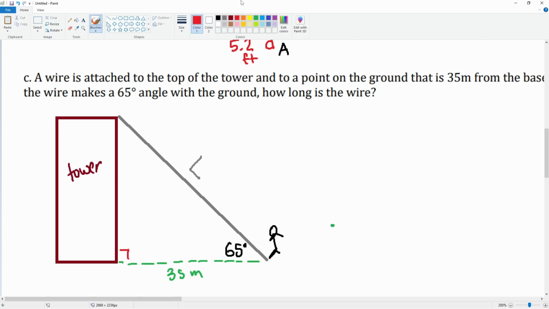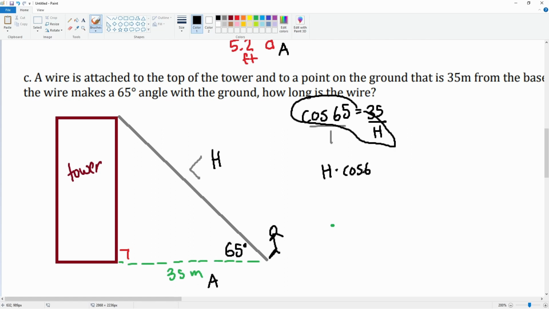Because this is the right triangle that forms. Okay, here's our picture. This is your adjacent, your 65, and then this is your hypotenuse. So that is cosine. Cosine of 65 is equal to your adjacent over hypotenuse, which is here the value 35 over h. All right, make the left side over 1, so we can cross multiply. Here you have h times cosine 65 is equal to 35.